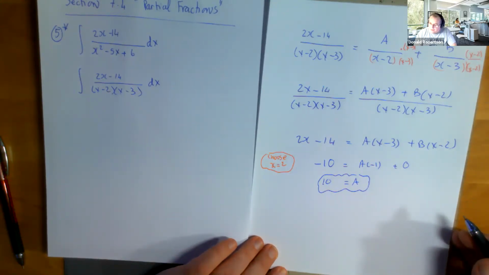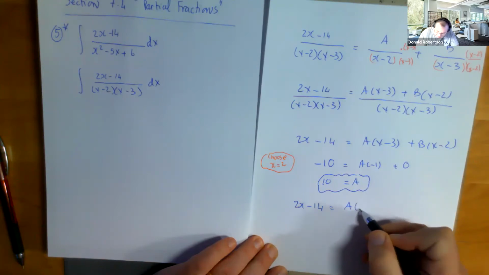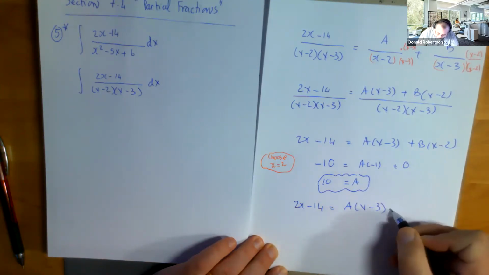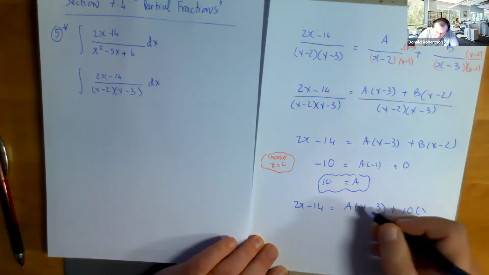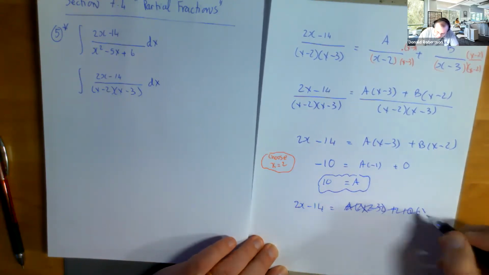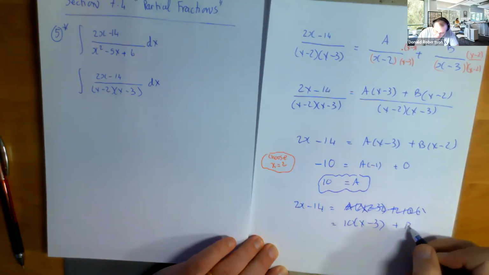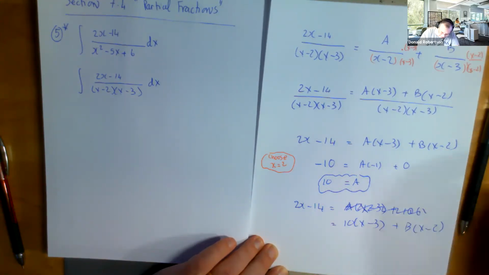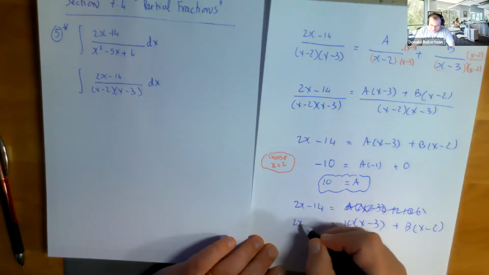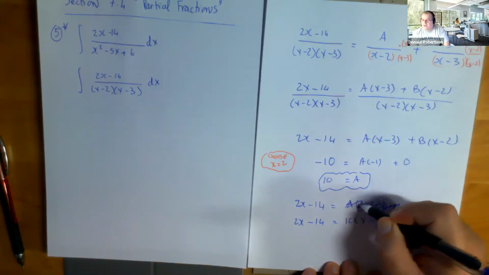So far, so good. Then what I now do is I rewrite my information. Like this. Basically what I'm doing is, if I know a is 10, can't I replace it by 10 now?